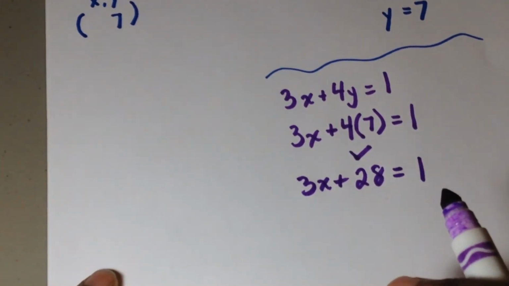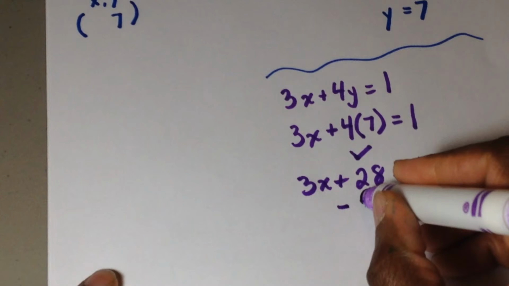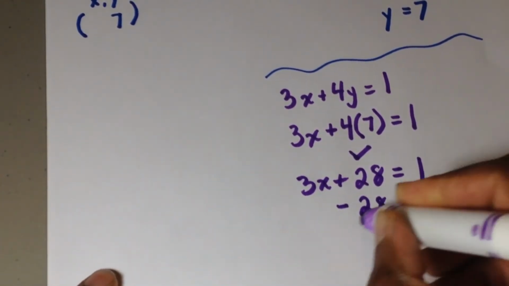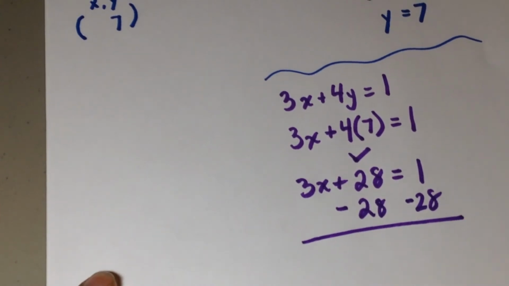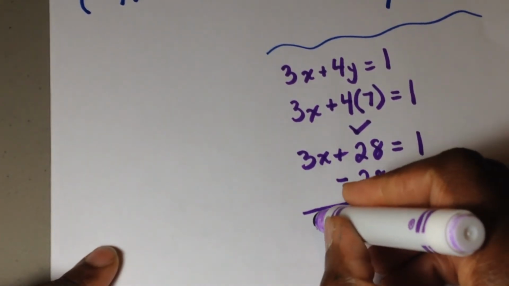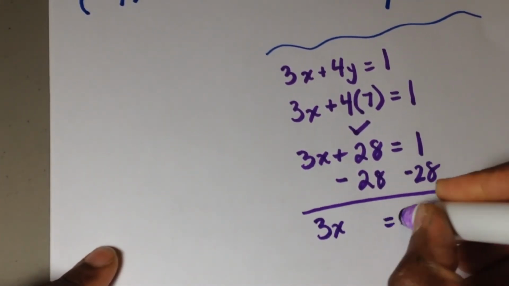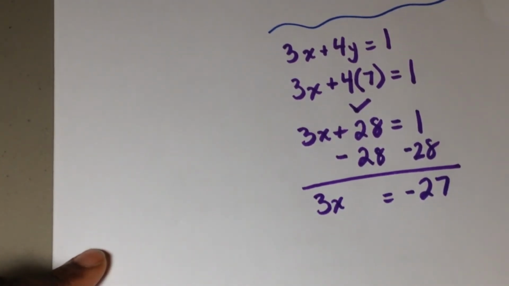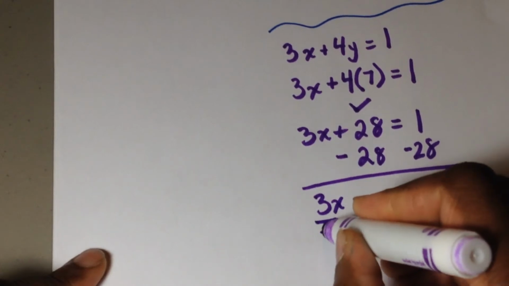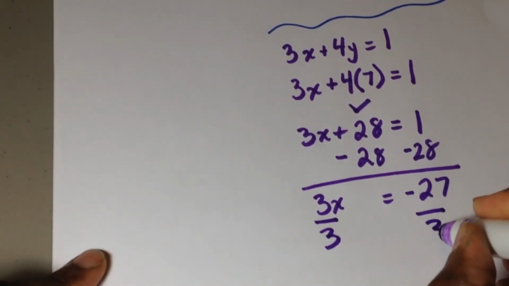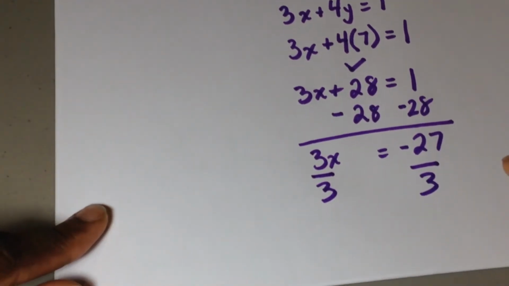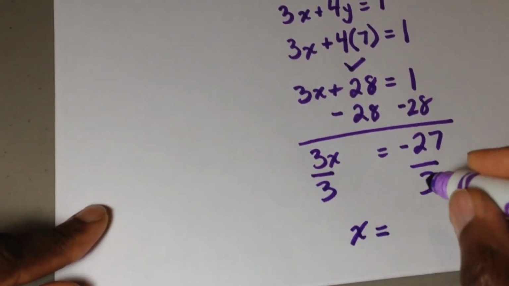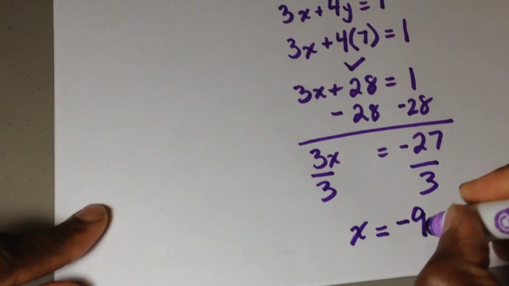Now it's just a two-step equation. I'm going to subtract 28 on this side. What I do on one side, I do to the other side. And what I have here is 3x equal to negative 27. There's going to be a negative, but that's not a problem. At this point, divide by 3, divide by 3, and x is equal to negative 9.